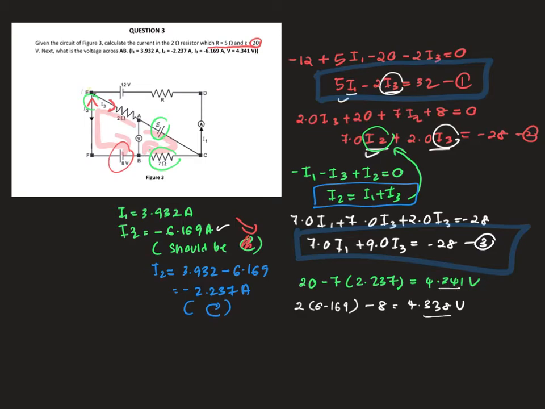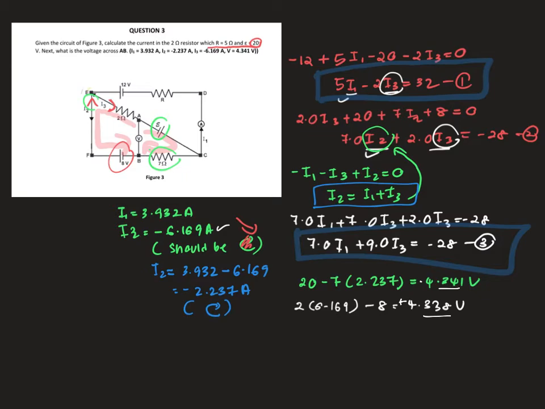The difference is only in the decimal places. It's okay, you still have the same answer, because 4.34 and 4.338 are not that far apart. Therefore, it means that your I1, I2 and I3 are correct. That's how you find the potential difference. If one is negative and one is positive, you don't have to worry about that. It's only because of the path you take.